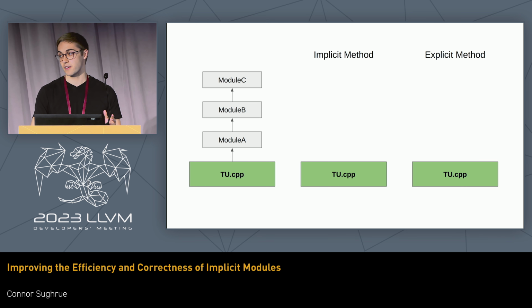For the implicit method, essentially, modules are discovered and compiled as they're encountered in translation units during the build process.